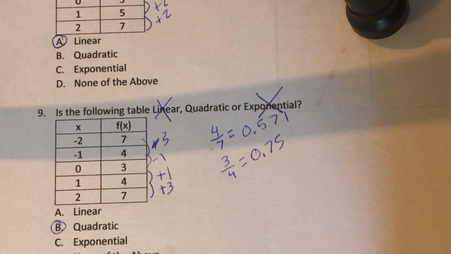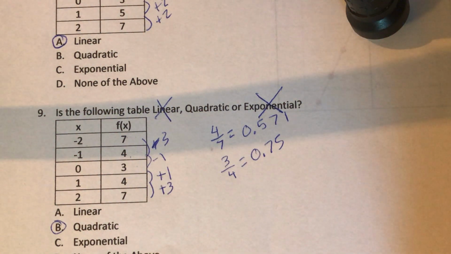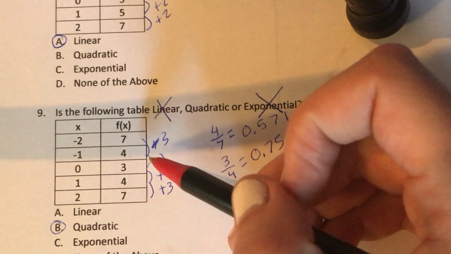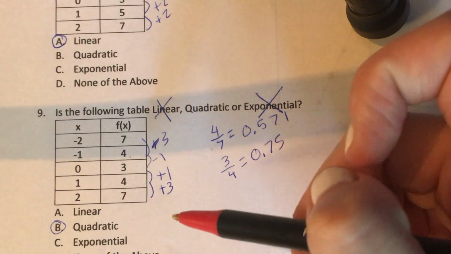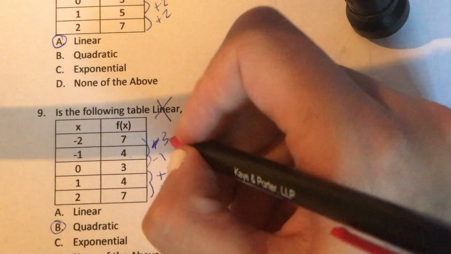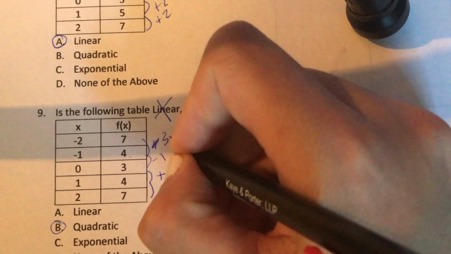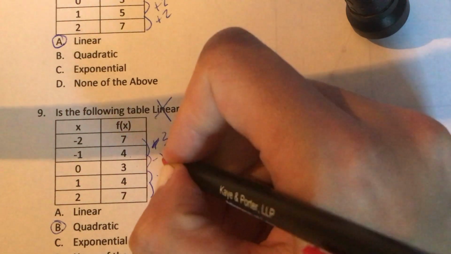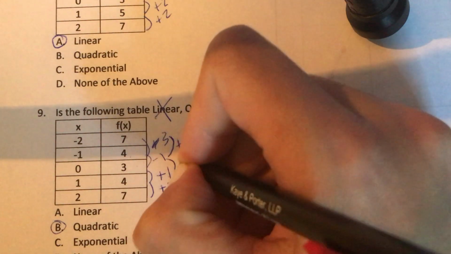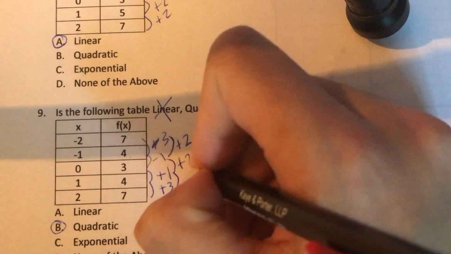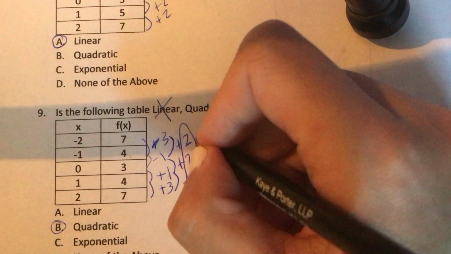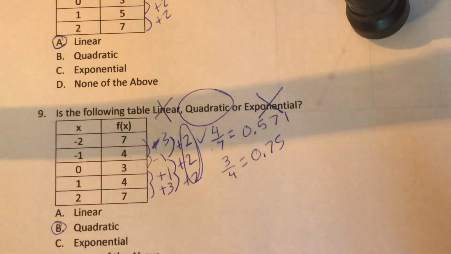But my quadratic definition is the second difference. We took the first difference, and if our second difference is the same, so if we do this thing again, what happened from -3 to -1? We added 2. From -1 to 1, we added 2. From 1 to 3, we added 2. If that second difference is the same, guess what? It's quadratic.